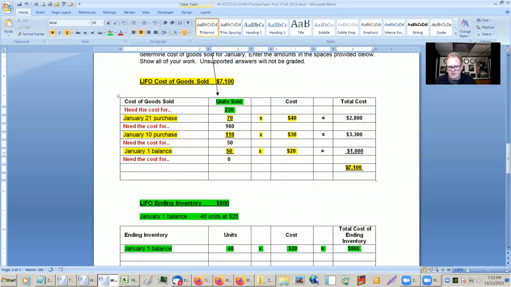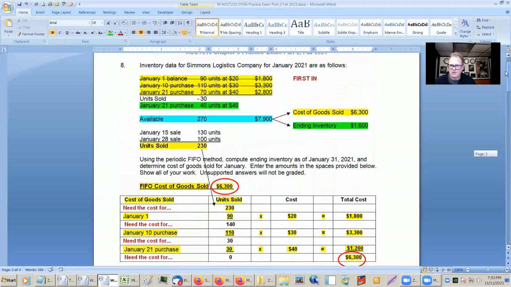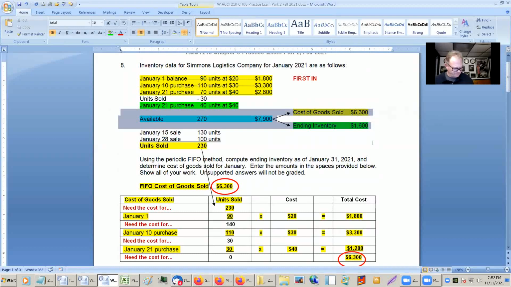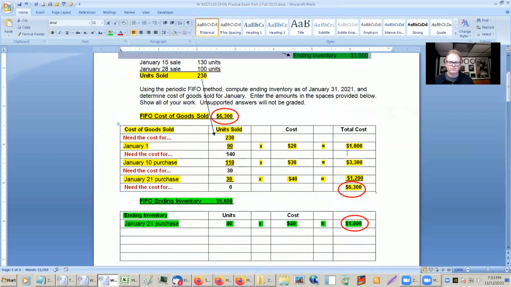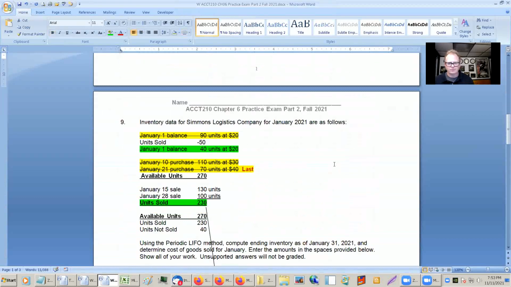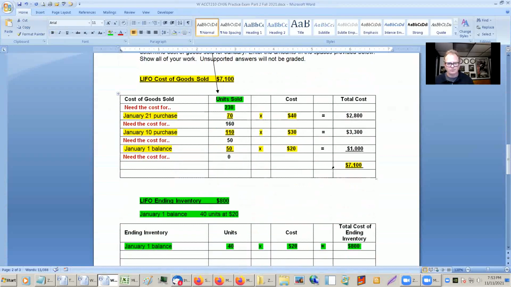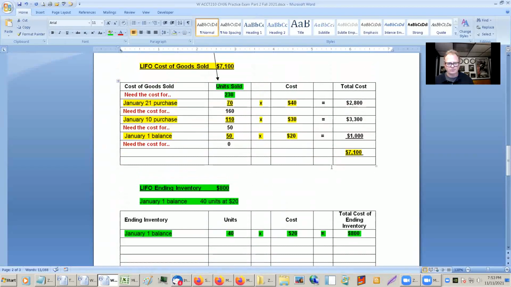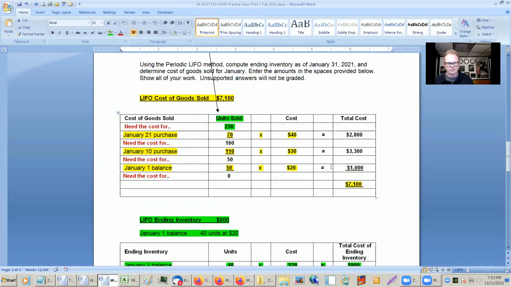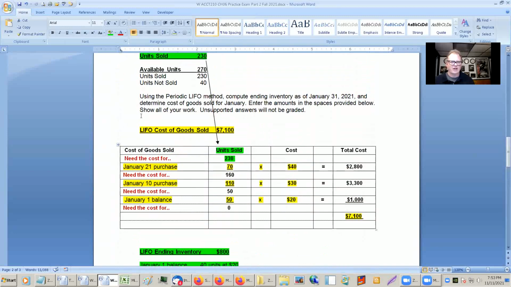And you'll notice if you add those two up, the 7,100 plus the 800, that's the 7,900. That's the same as this up here.